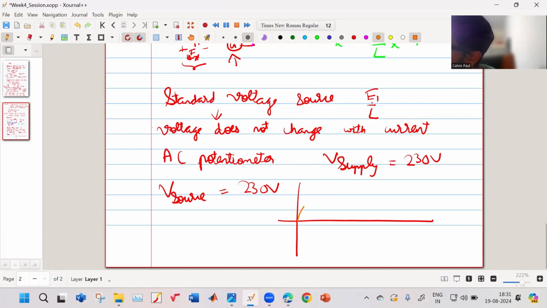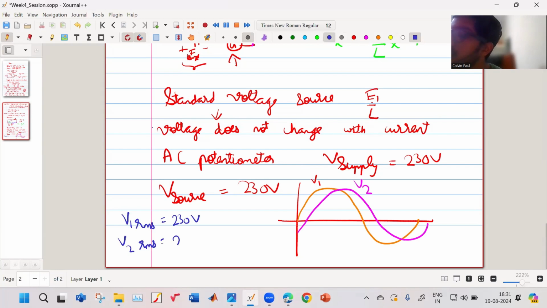Suppose you have one voltage like this. Let us say this is your V1 and this is your V2. Your V1 RMS will be 230 volt, your V2 RMS also is 230 volt, but they are not in phase.